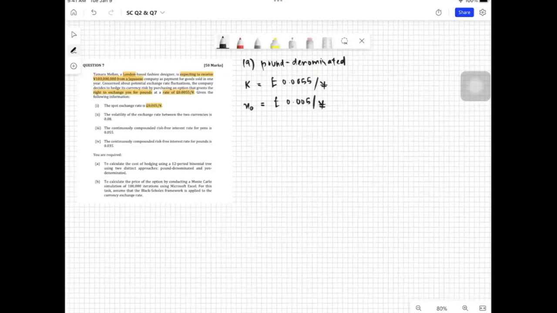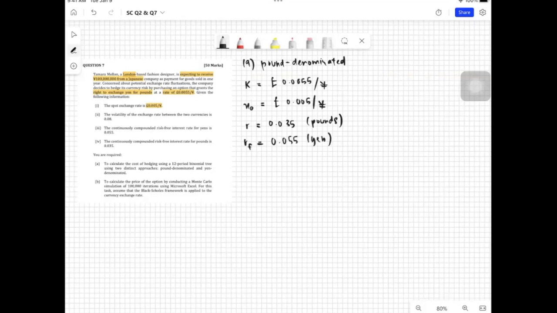And then the interest rate is 0.035. This is for pounds, by the way. And the foreign risk-free interest rate is 0.055, which is in yen.